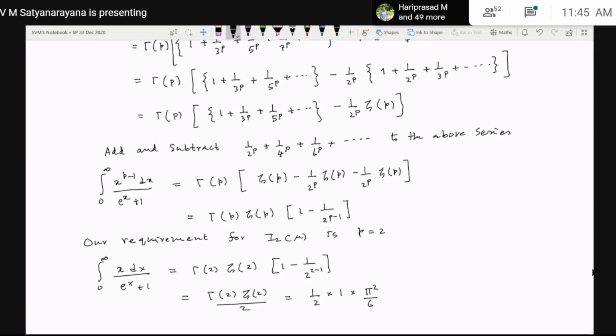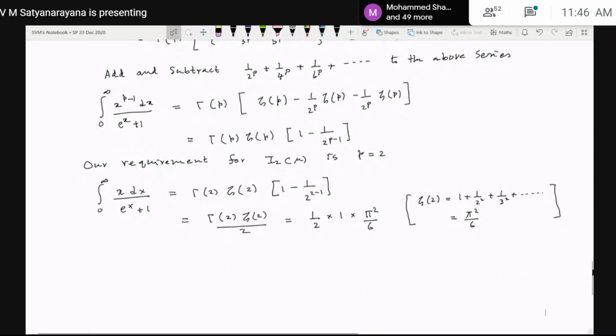If you have not done this, zeta of 2 is equal to 1 plus 1 by 2 square plus 1 by 3 square, etc. This can be shown to be pi square by 6. There are many ways of showing this, but usually people do it using the Fourier series of some function. So our integral is now given by pi square by 12.